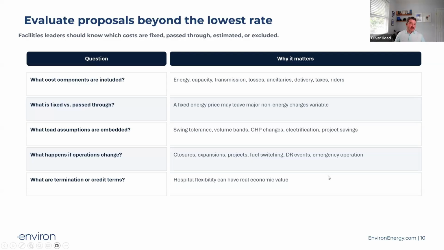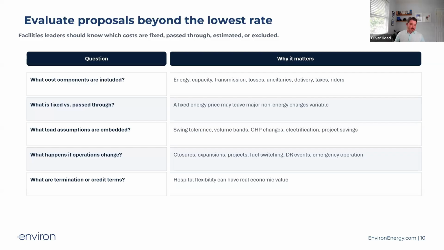And if these aren't accounted for appropriately when formulating your budgets, it can significantly impact the overall delivery price when you're receiving your utility bill. So understanding what components are included in that overall cost is critical. And if they are fixed or passed through, how would that affect your longer term price from a price perspective, but also from an operational perspective?